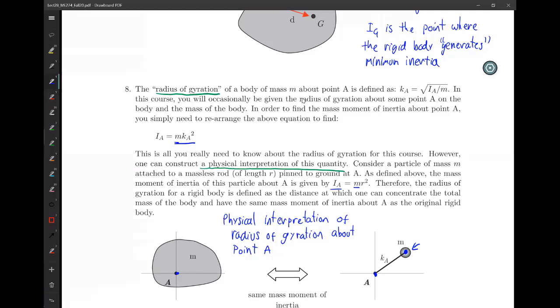So typically one does that because when you have a complex system, like my body, let's say, calculating the moment of inertia of my body is complicated. I have a horrible shape. It's not an easy integral to calculate. But I know my mass.